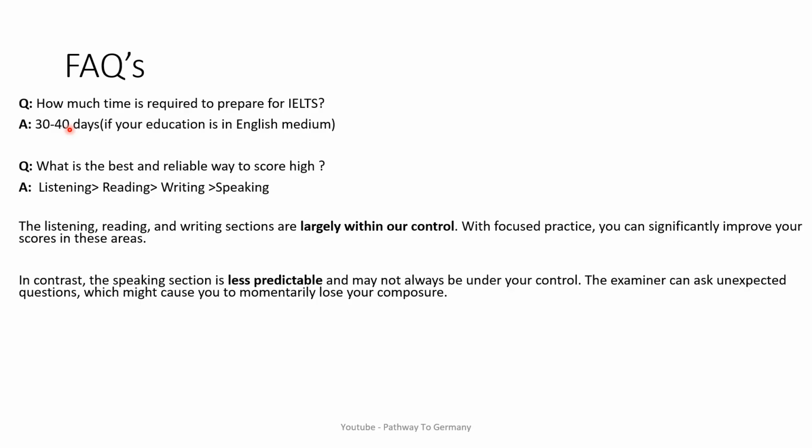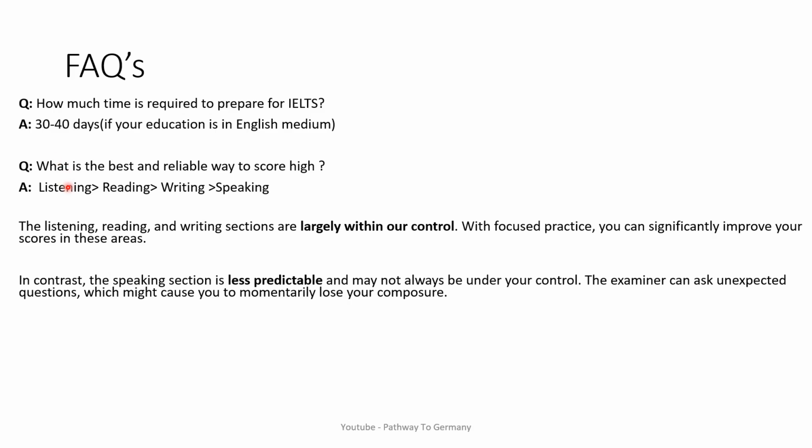That's considering your education is completely in English and you have all your basics right. If you have enough time, ideally go for 30 to 40 days. But if you're short of time, you can also attempt it with 2 or 3 weeks of preparation at bare minimum.